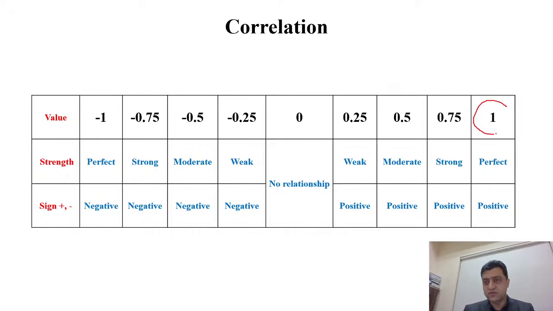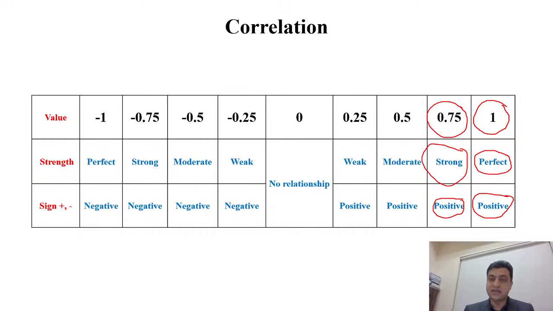If there is a value of 1 in positive, because obviously if there's no sign, we can say it's a positive sign, then one is saying a perfect relationship and the sign is saying that the relationship is positive. But if it is something closer to 0.75, we will say it is a strong relationship, and at the same time it is positive, which means an increase in one thing will lead to an increase in another thing.